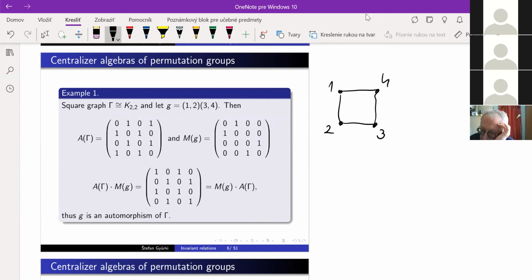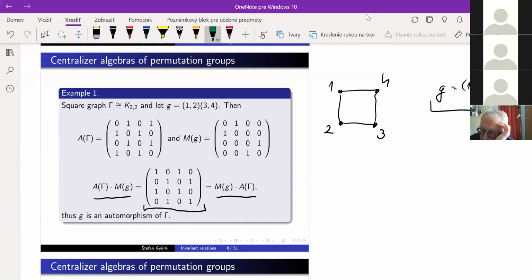And if I consider the permutation G, which interchanges 1 and 2 and 3 and 4, then if I compute the matrix A times M and M times A, in both cases I obtain the same matrix, and this tells me that this permutation is an automorphism of the graph gamma.